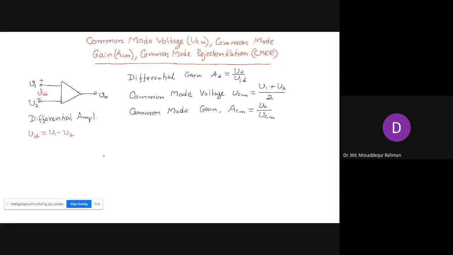The common mode voltage is the voltage that is being applied to both the input terminals, and that we can show like this.